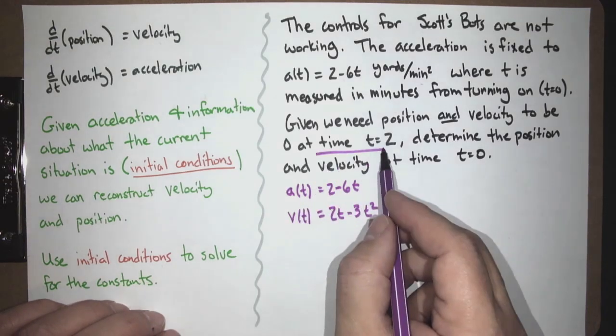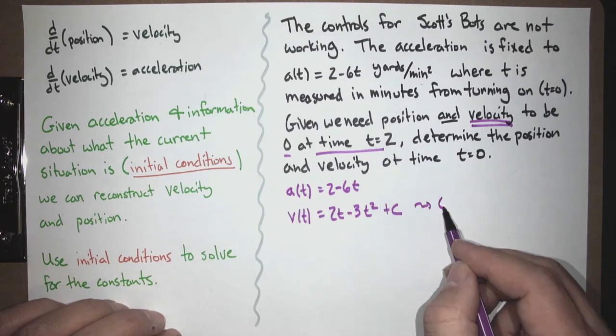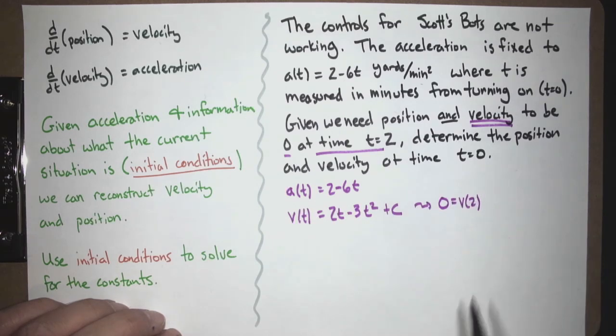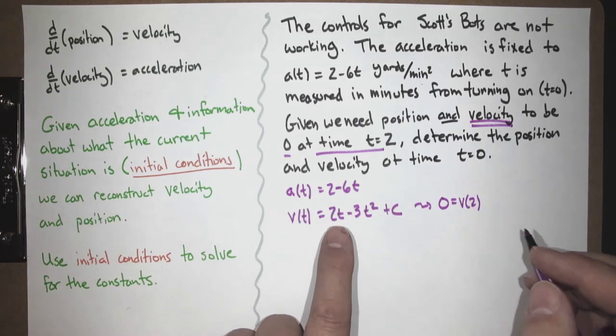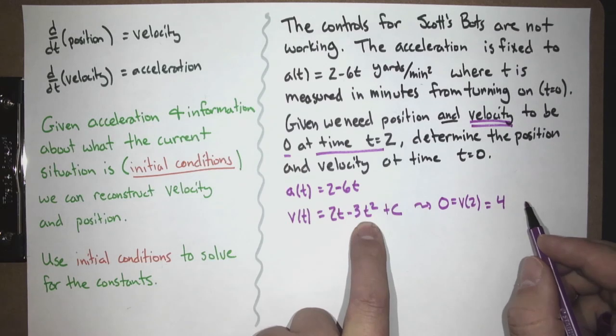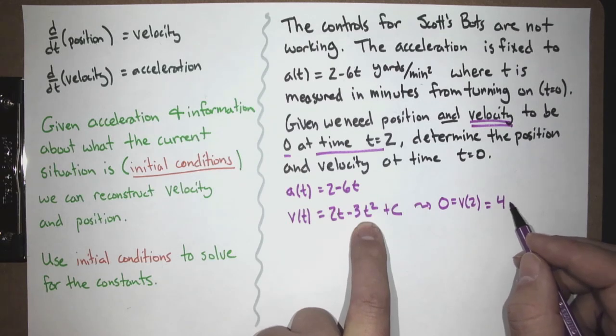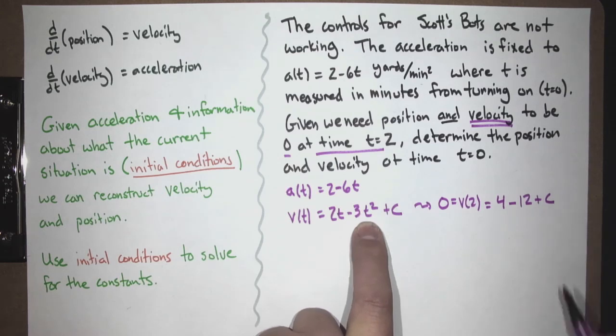Now, what's our initial condition? Right. At 2, velocity is 0. So that says 0 equals v of 2. That's the initial condition for velocity. Well, let's plug in 2. 2 times 2, 4. Minus 3 times 2 squared. So minus 12 plus c.